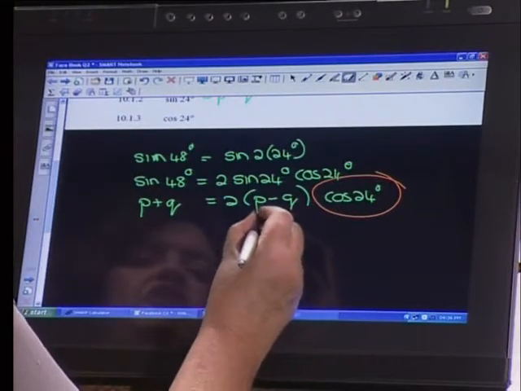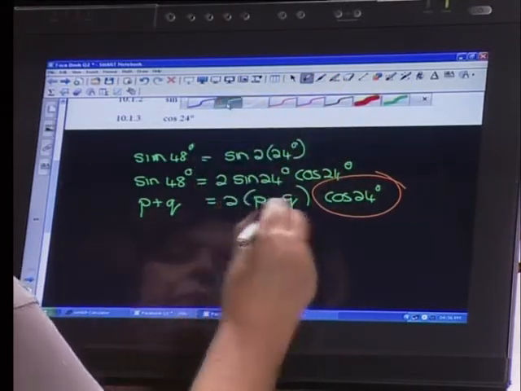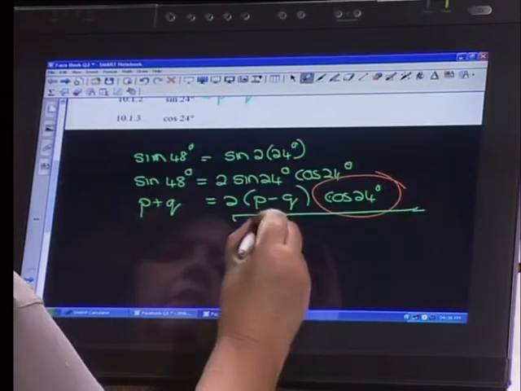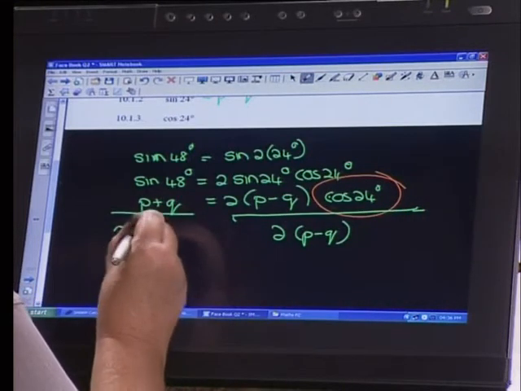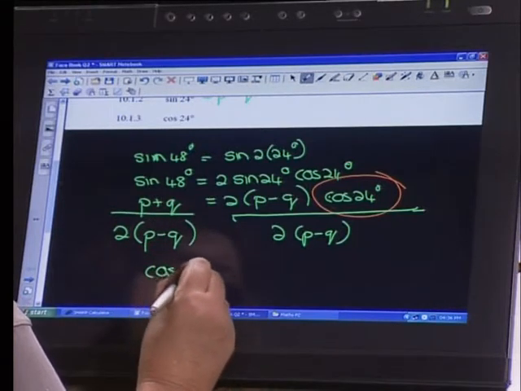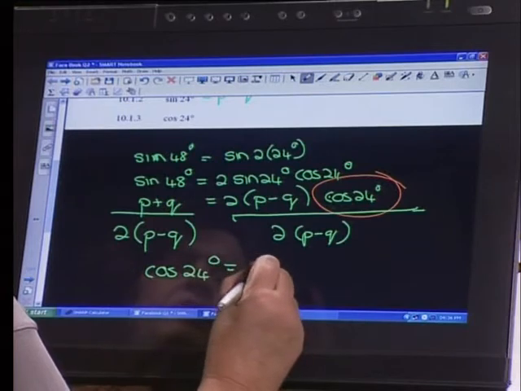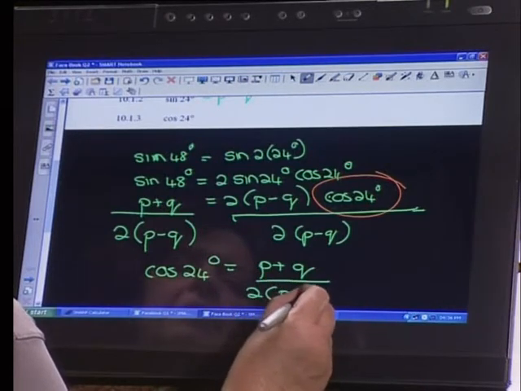Okay, so what you would do now is divide both sides by 2 P minus Q on this side and 2 P minus Q on that side. So the cos of 24 degrees is equal to P plus Q over 2 P minus Q.